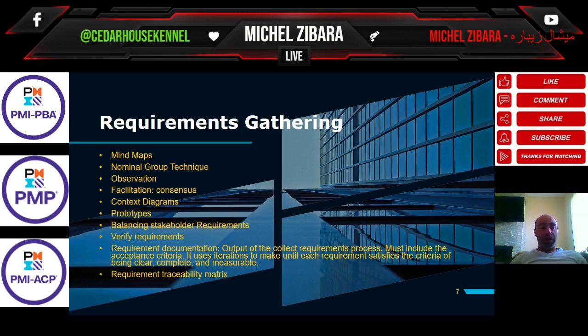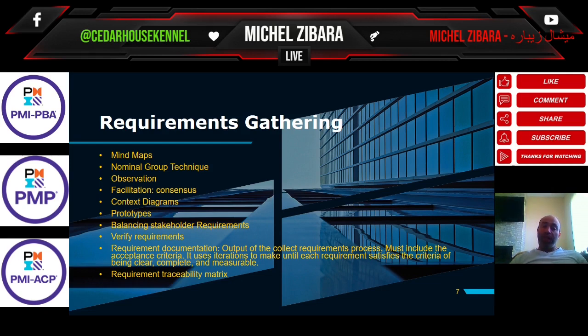With active observation, you stop them and try to do the work yourself. It's more interactive, but the disadvantage is that you will delay that stakeholder's work in the organization.